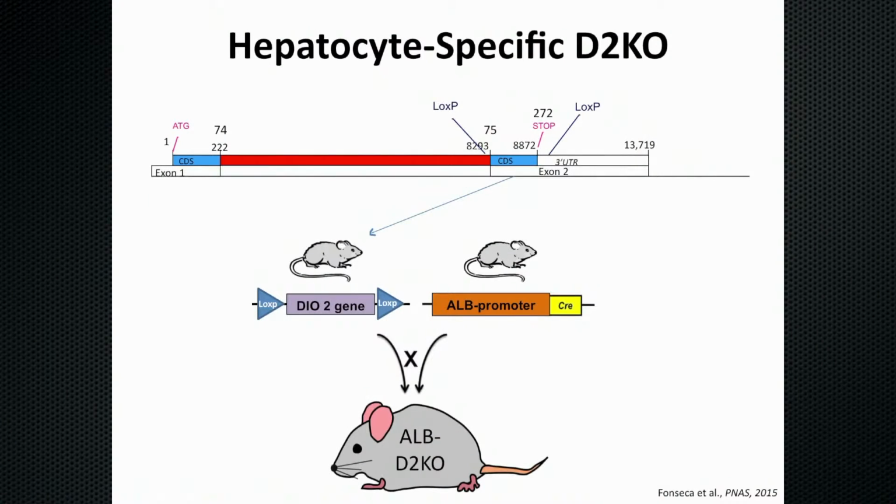So to study this further, to see if there's really a role for D2 within the liver itself, we needed to create a mouse that specifically was lacking D2 within the hepatocytes. So we did this by crossing the Flox-D2 mouse with the albumin-Cre mouse and created a mouse that we're going to refer to throughout the talk as the albumin-D2 knockout mouse. In other words, specifically lacking D2 within the hepatocytes.